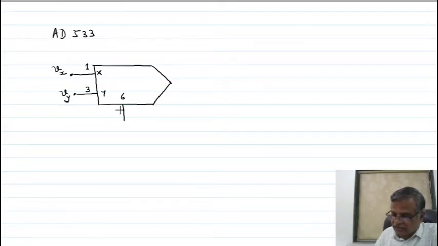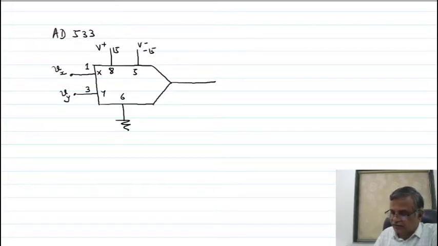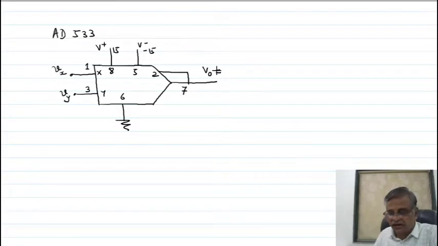Pin number 6 is always kept at ground. Pin number 8 is for the positive power supply and pin number 5 for the negative power supply. Generally we keep plus and minus 15 volt. Pin number 7 is taken as output. Pin number 2 is short circuited with the output, and this is the output of the multiplier IC.